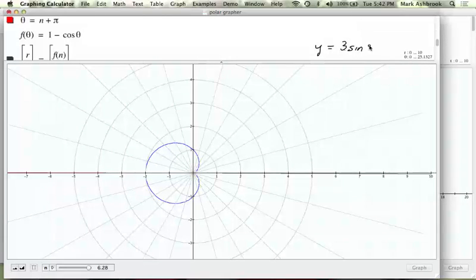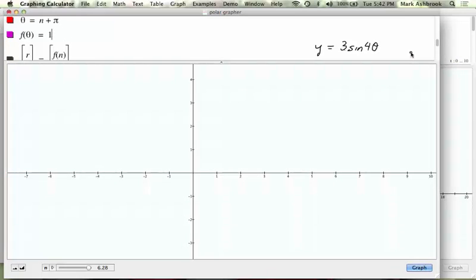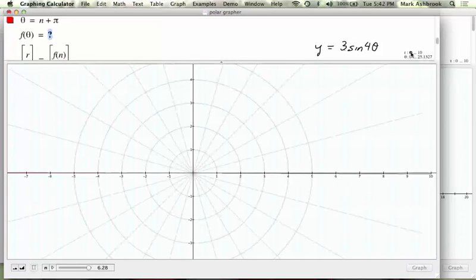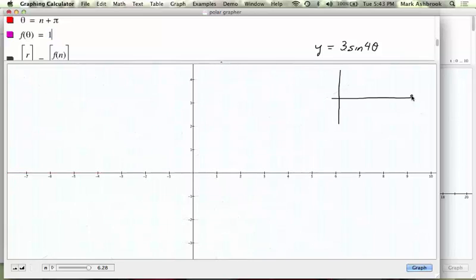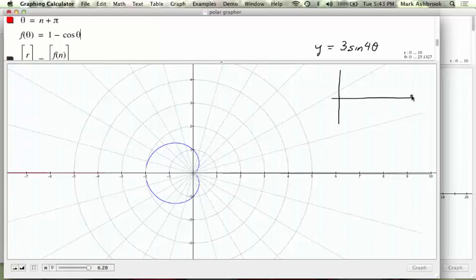Crazy. 3 sine 4 theta. Okay, before we do that, I want to do something else. Sorry. Let's go back to that cardioid. 1 minus cosine. That was a good example to do something else. So we'll do this one next.